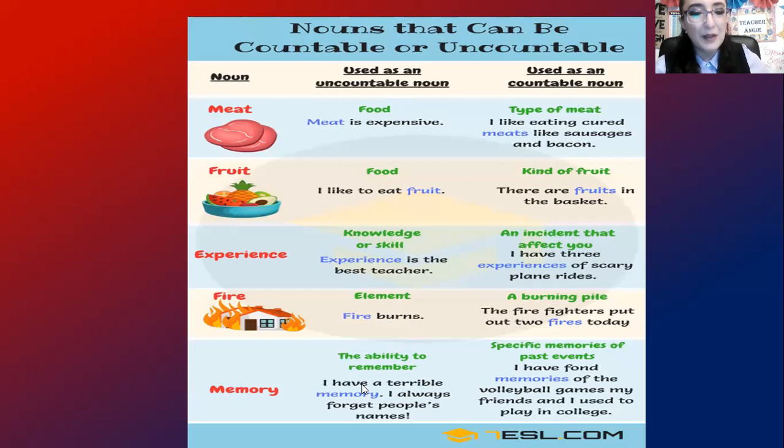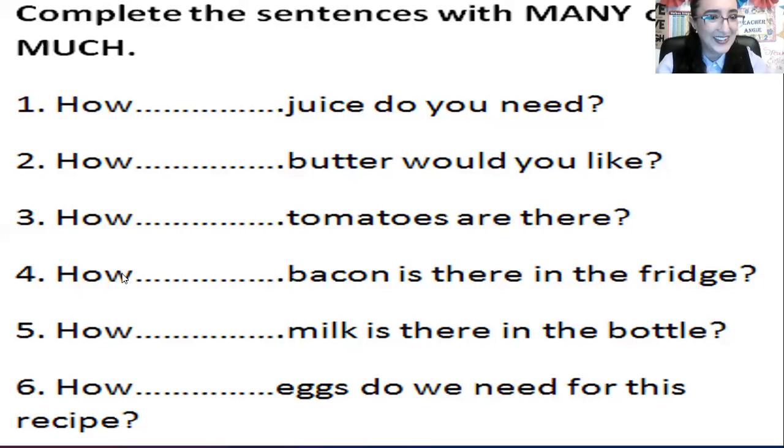For example, oh, my memory is not good today. Oh, I have a lot of memories. Depending on the context, depending on the situation, and depending on how we make use of these nouns, they are going to be countable or uncountable.